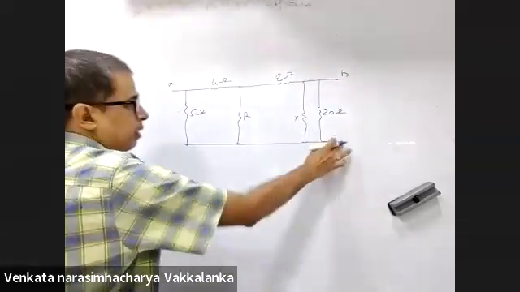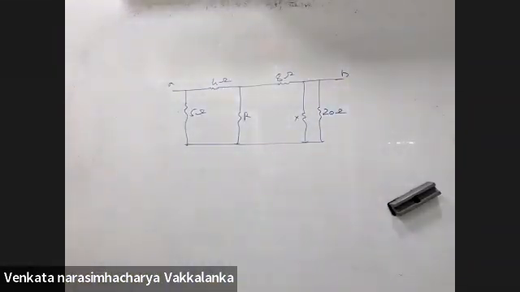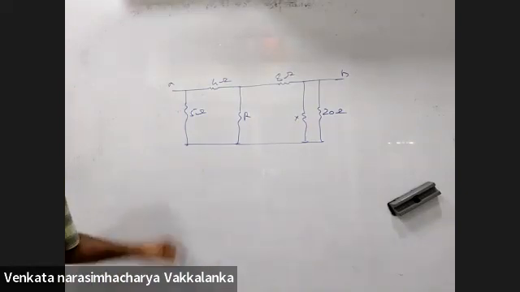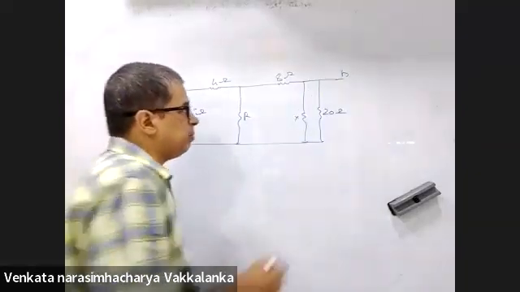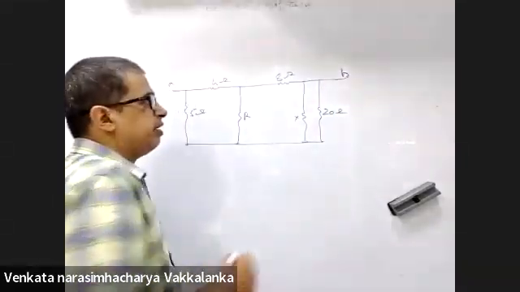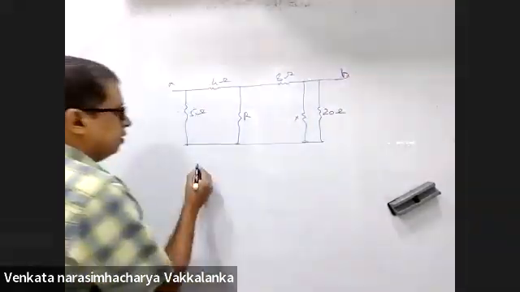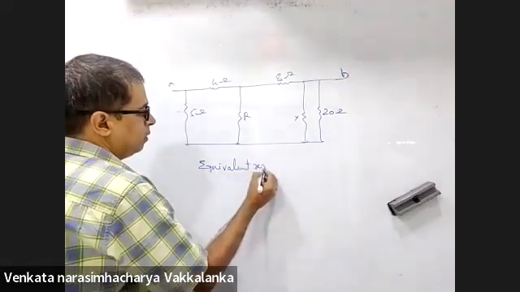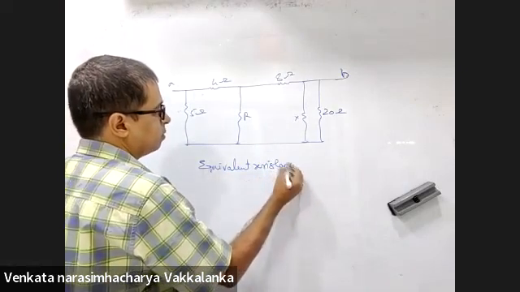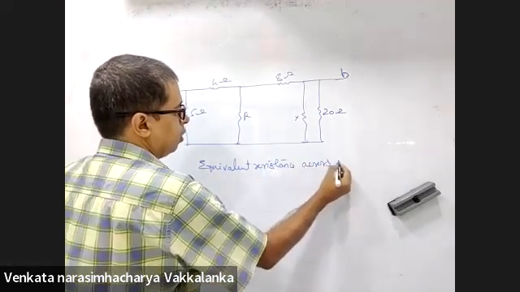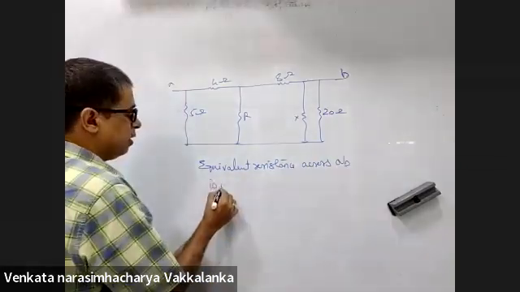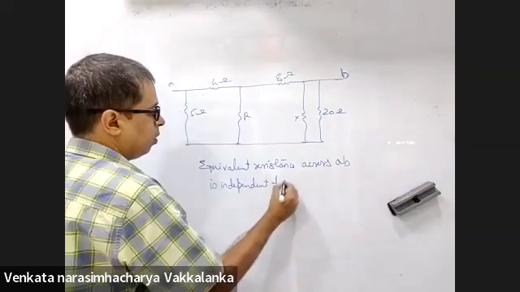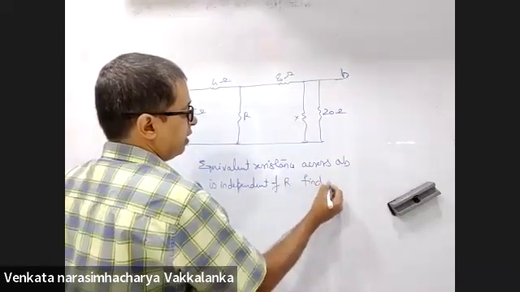A and B. The question says equivalent resistance across AB should be independent of R. Find X.